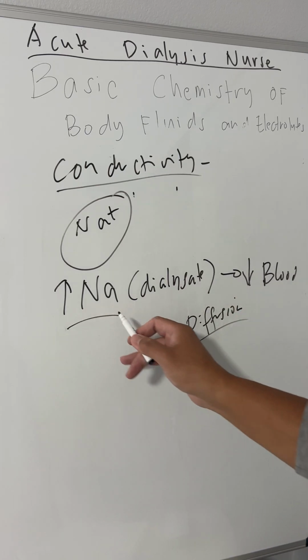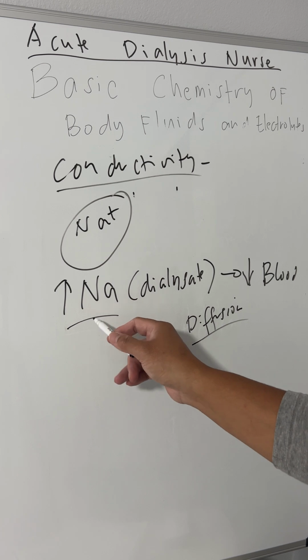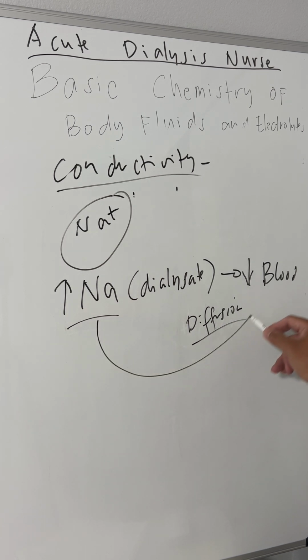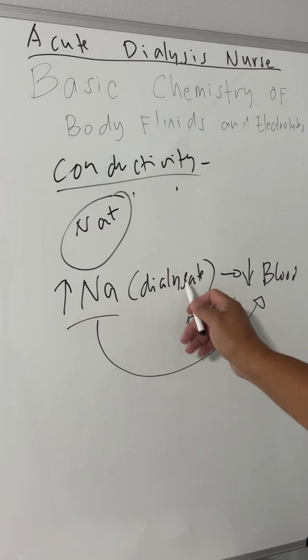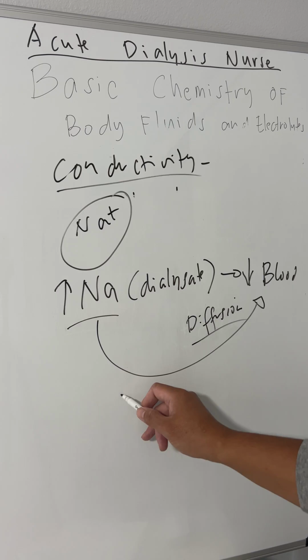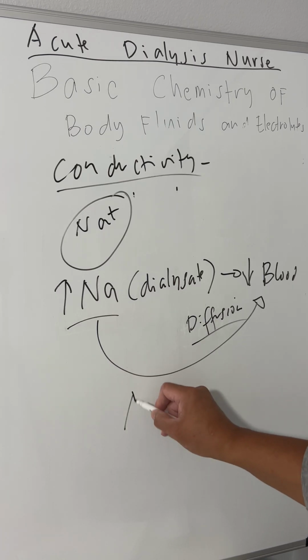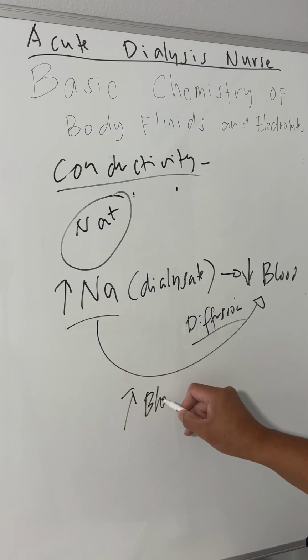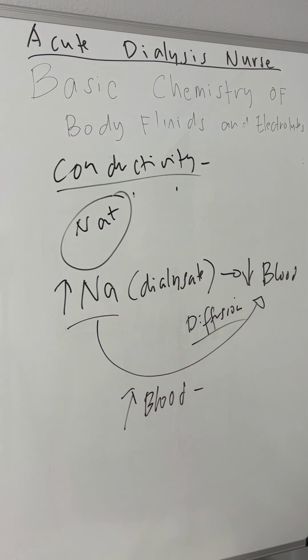So solute from an area of higher solute concentration goes to an area with lower solute concentration. So if the sodium from the dialysate goes to the blood, you now have high sodium in the blood. What happens there?